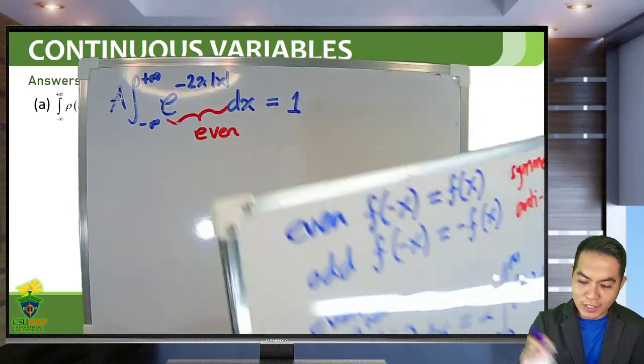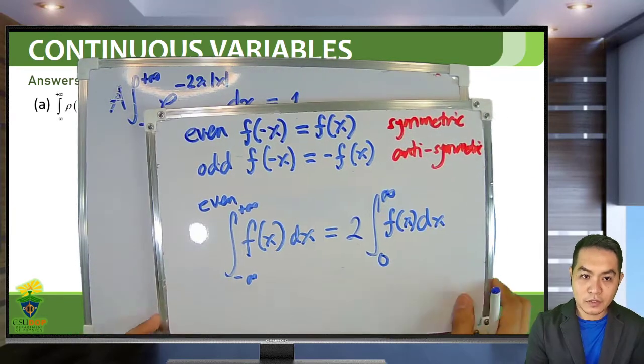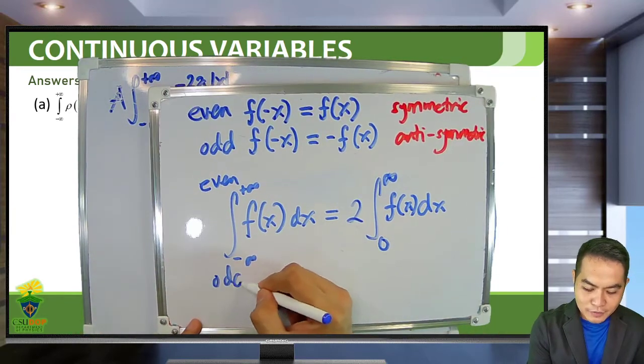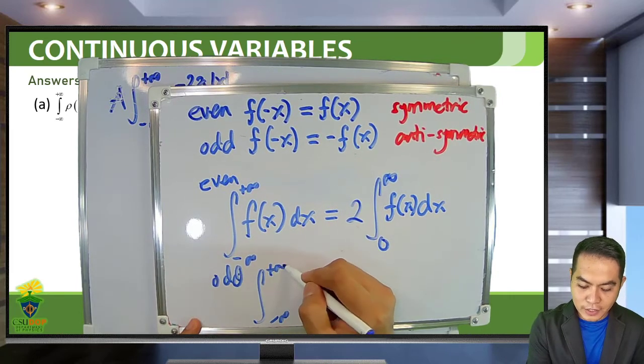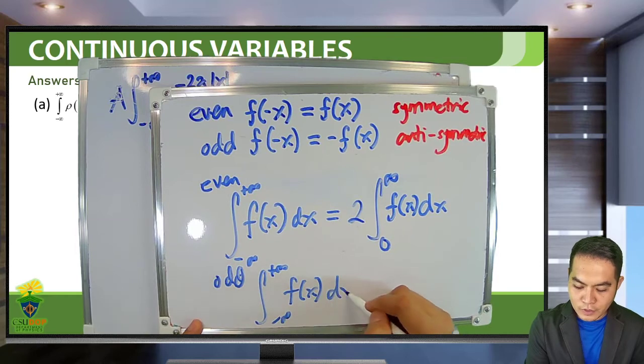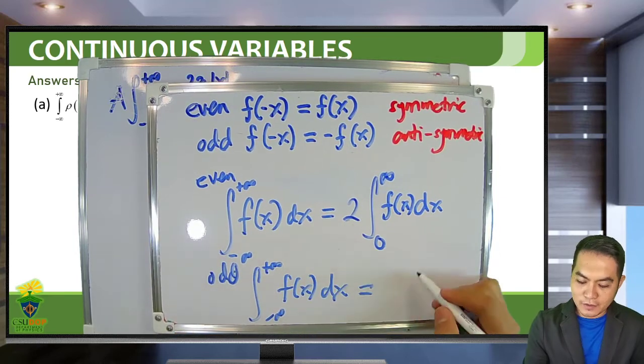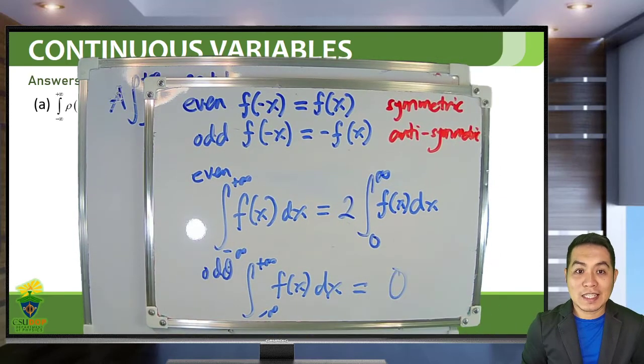So if you have an odd integrand integrated over an even limit, then your result should be 0. No need to integrate. So every time you encounter an integral, you should check the integrand first and the limits.